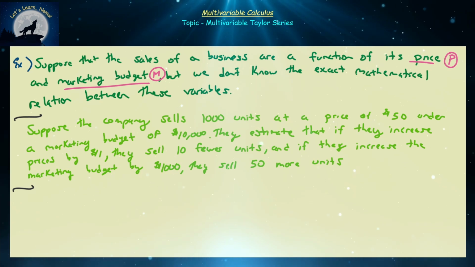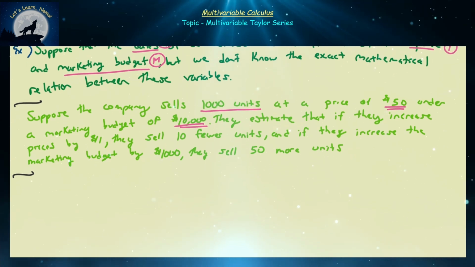So let's assume that the company sells 1,000 units at a price of $50 with a marketing budget of $10,000, right? And let's assume that the sales of the business are denoted by S. So just from this starting point, what we have is that S is a function of the price per unit and the marketing budget.